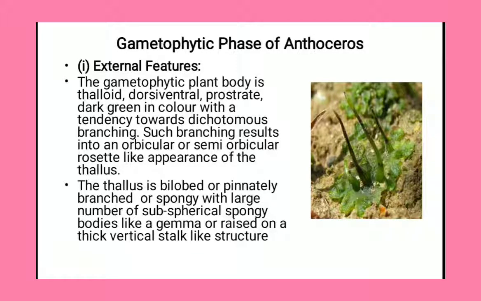prostrate, dark green in color, with a tendency toward dichotomous branching, and such branching results in an orbicular and semi-orbicular rosette-like appearance of the thallus. This is a two-lobed structure. It is known as dichotomous. Dichotomous means the branches are the same in structure.